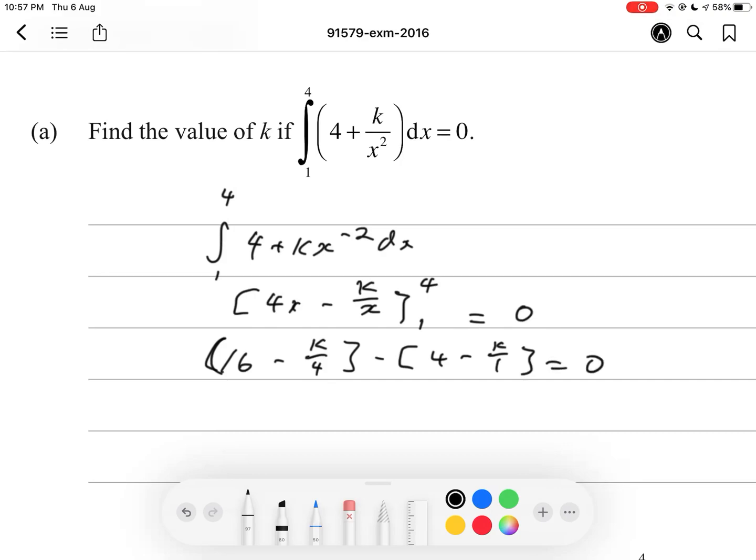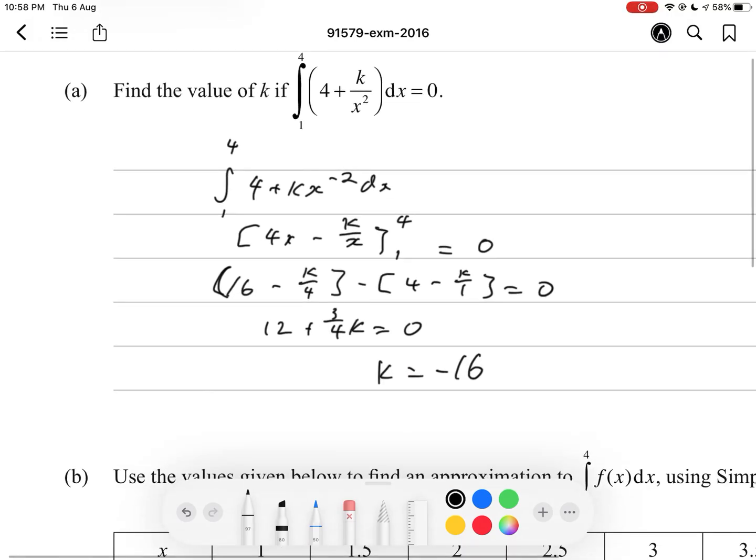So we get that 12 plus 3 over 4 k equals 0. So therefore, we should get that our k value should come out to be negative 16. And that should be our final answer for this question, and this is an achieved question.